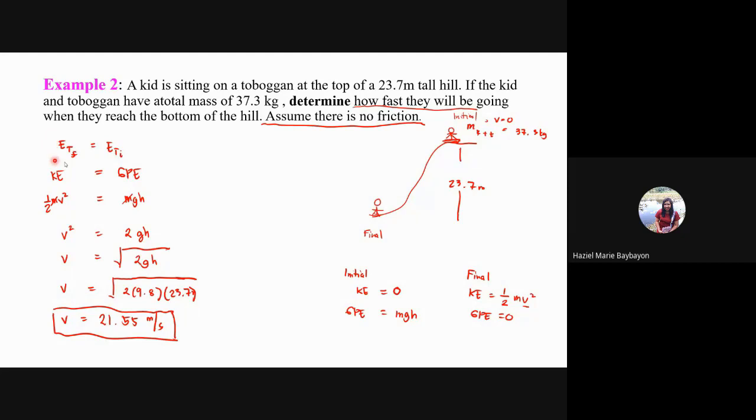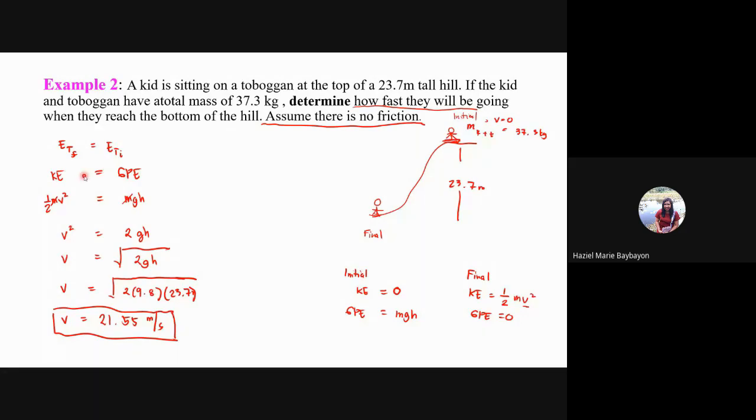so kini siya, the left hand side of the equation is the final total mechanical energy, and then the right hand side of the equation is the total initial mechanical energy, but it really doesn't matter kay equal naman sila, kung ano siya sa right hand side or sa left hand side, it won't matter.